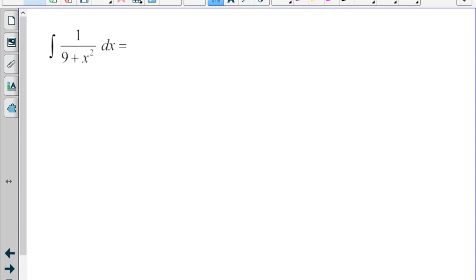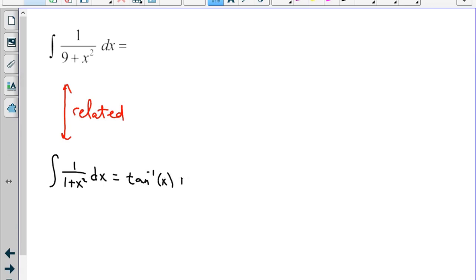I know that this looks a lot like the integral of 1 over 1 plus x squared dx. So these are similar. And because they're related, I have an understanding of what this might look like. I know that this is arctangent of x plus c.